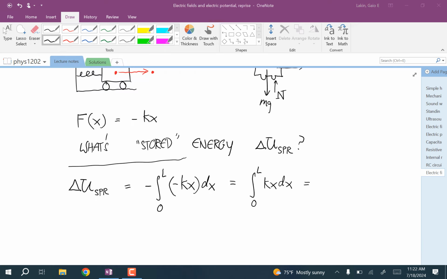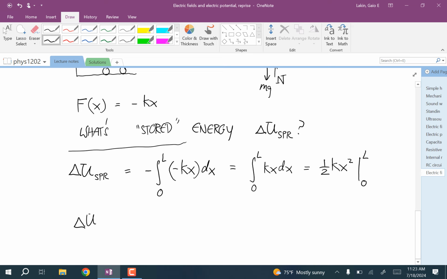Again, in physics 1, I gave you that formula, but we can derive it directly from the force using the integral, evaluated from 0 to L. And so this stored spring energy, the energy that we're storing in this object by deforming the spring, is 1/2 kL squared minus 1/2 k times 0 squared. And so we just get 1/2 times k times L squared.